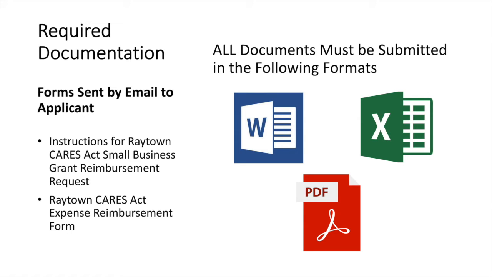All documentation must be submitted in the following formats: a Word document, an Excel document, or a PDF. The email sent to the applicant will include instructions for the Raytown CARES Act Small Business Grant Reimbursement Request and the Raytown CARES Act Expense Reimbursement Form.